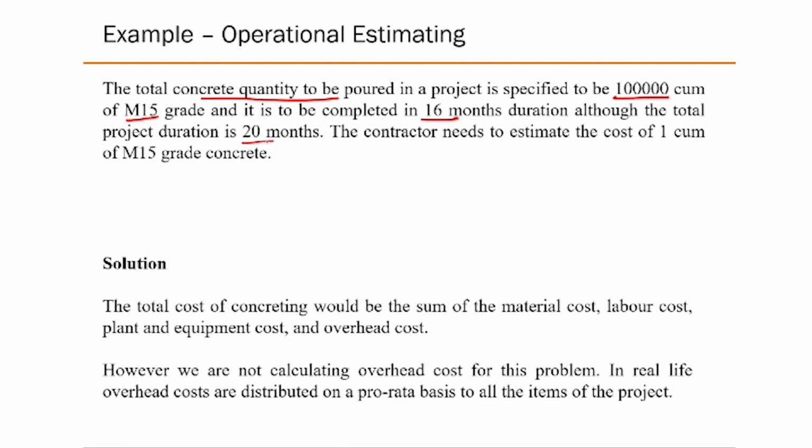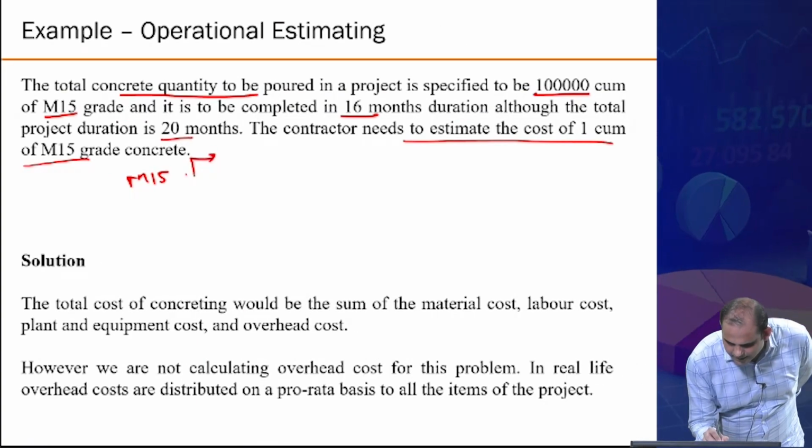Right? Very realistic. In 16 months you have to pour about 1 lakh cubic meter of concrete. The contractor needs to estimate the cost of 1 cubic meter of M15 grade concrete. So in general, in M15 grade concrete, what all components will be there?